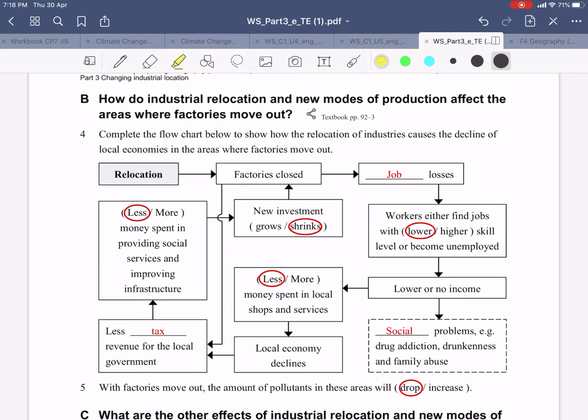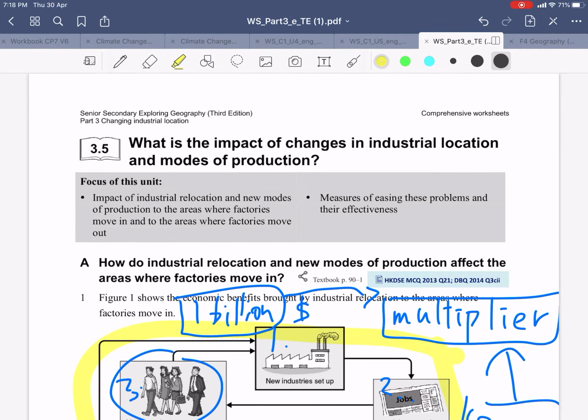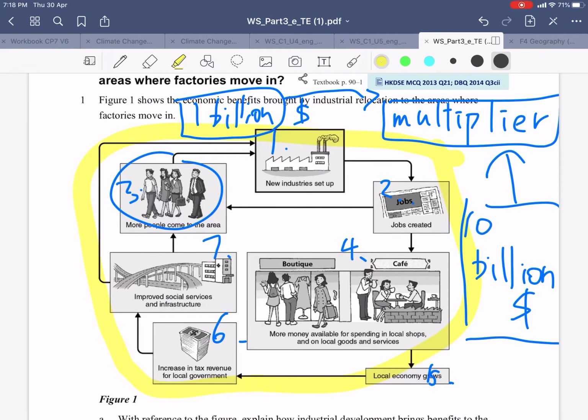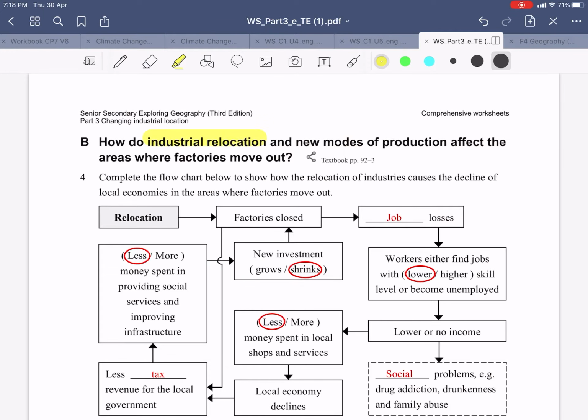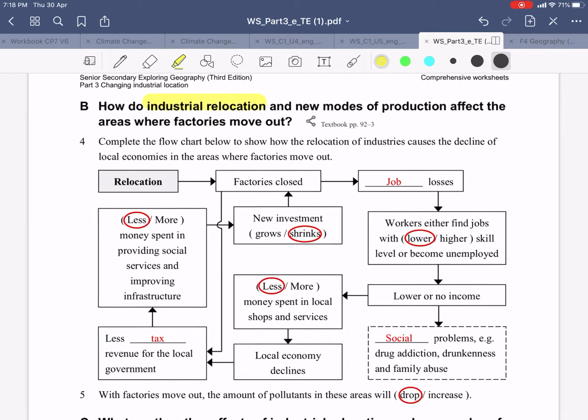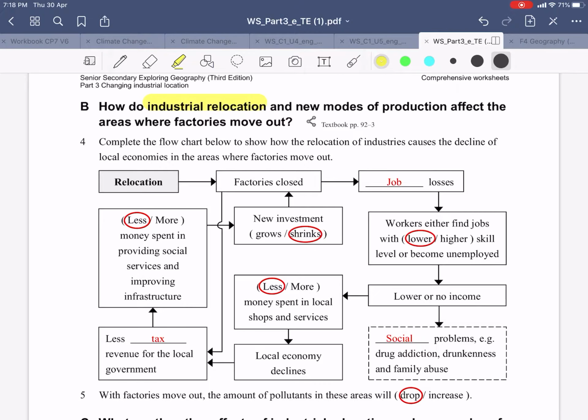But how about the industrial relocation? This one is the recipient of the factory, but this one is talking about the place that is having the factory leaving.